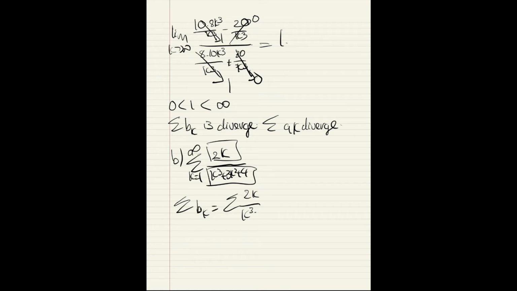It equals the series of 2 over k^2. Using the p-series test, we can conclude the series of b_k converges, since 2 is bigger than 1.